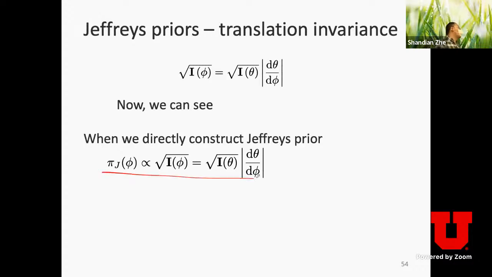That's this result, derived from directly constructing the Jeffrey prior over phi, but computed in terms of theta.